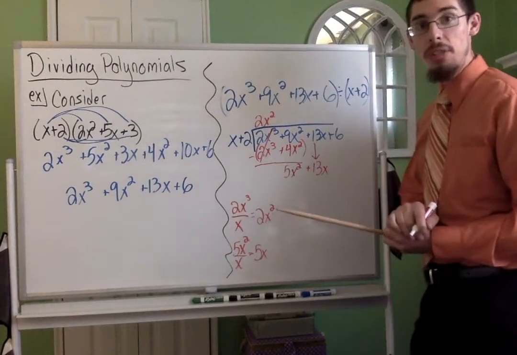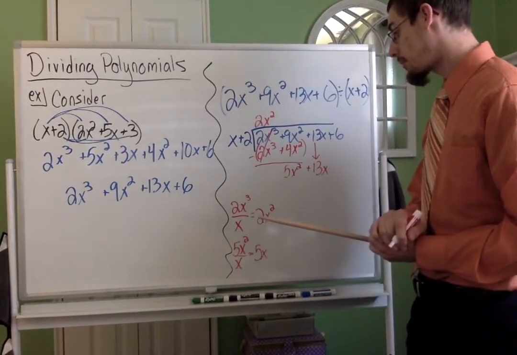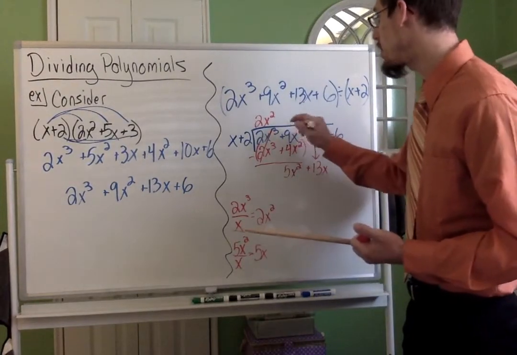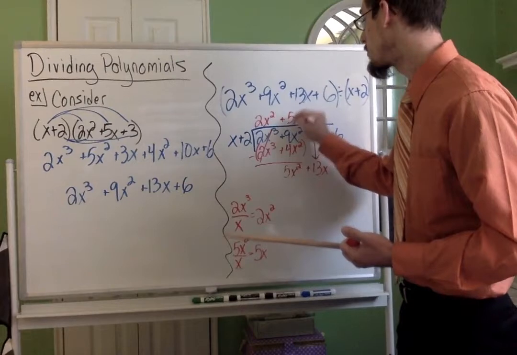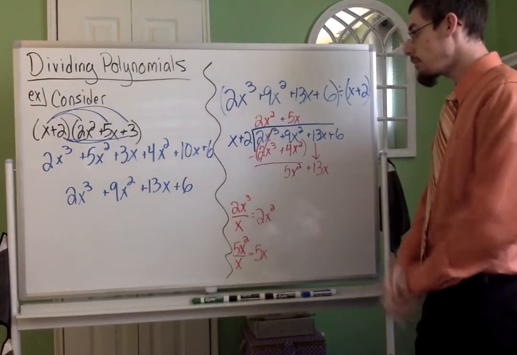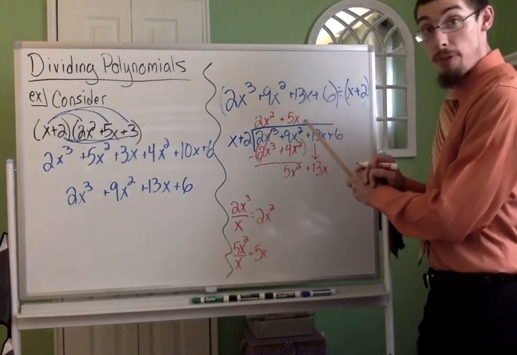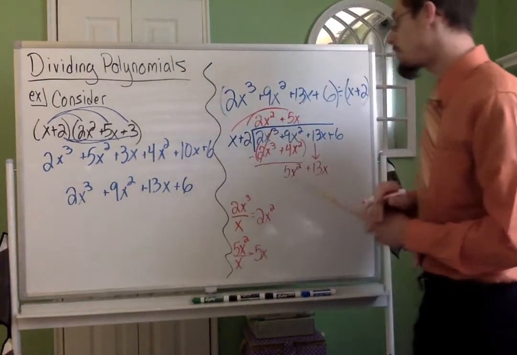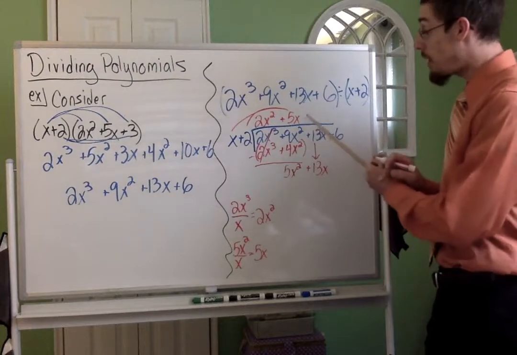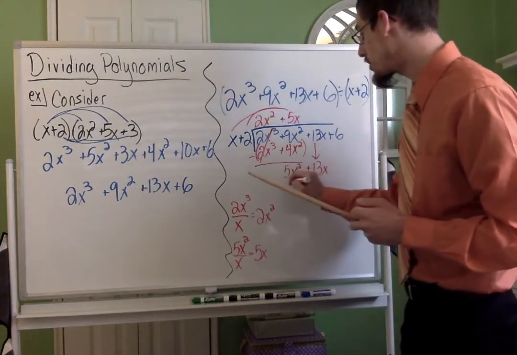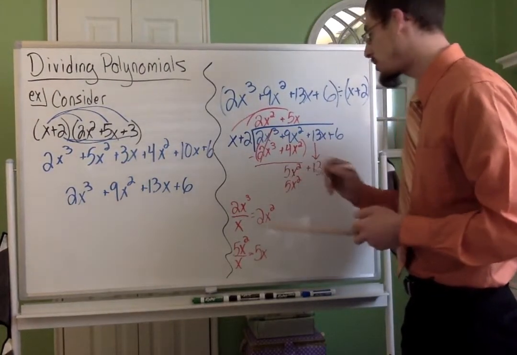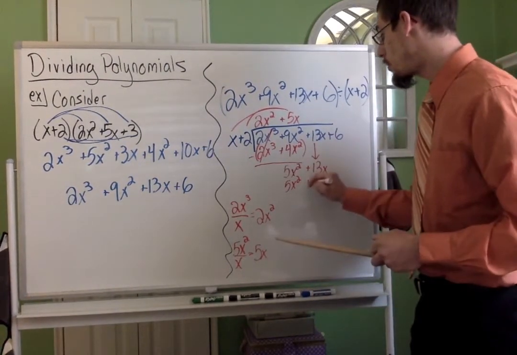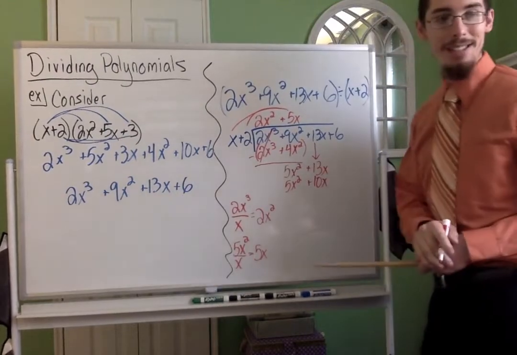And that result is 5x. So positive 5x is what I'll put up here. Now 5x, I then have to distribute, right? So I multiply now. 5x times x is 5x squared. 5x times 2 is going to be 10x.